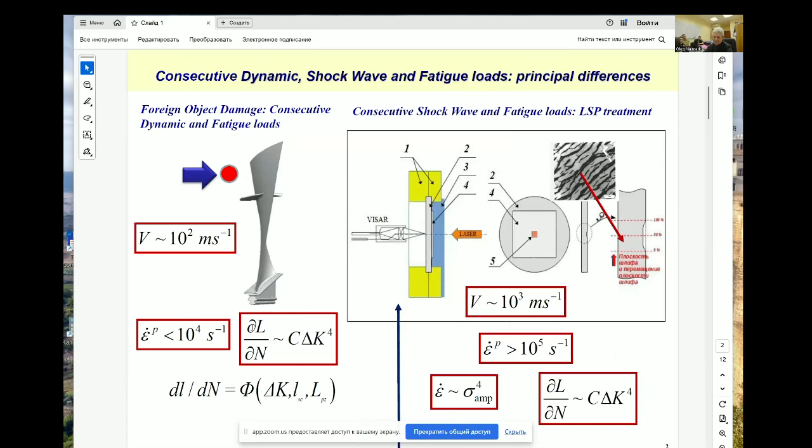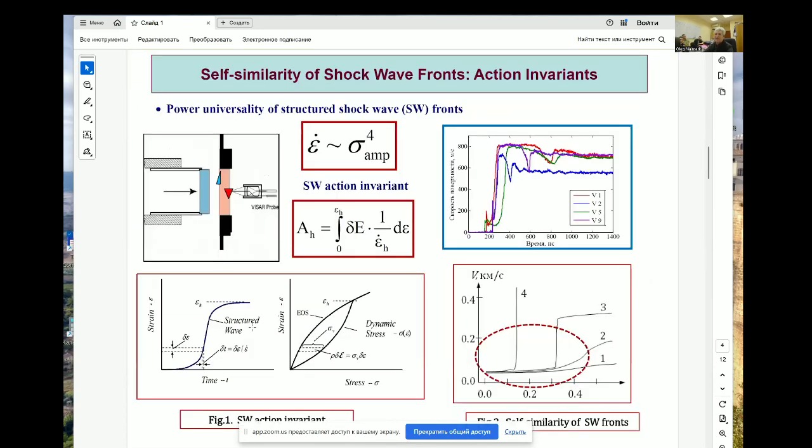We have qualitative differences for shockwave loading, also induced by laser in the condition of laser shock peening. Why? Because in this case we have the formation and propagation of a shock wave with this characteristic non-linearity at the shock wave front, the so-called structured shock wave front, when we have very pronounced self-similarity with this power law and this power exponent.